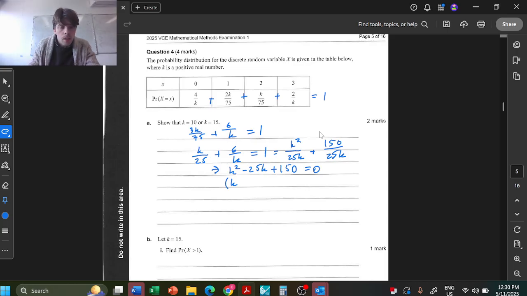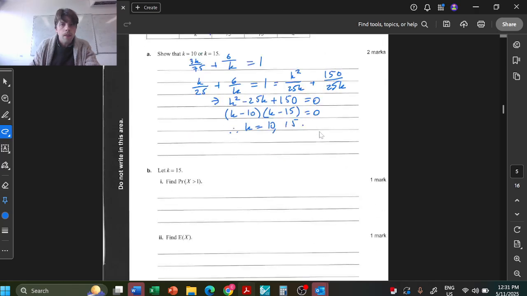But it is in fact going to be negative 10 times negative 15 equals 150, and negative 10 plus negative 15 equals negative 25. So it is going to factorize like this, and therefore we can see that k is equal to 10 and 15 by the null factor law.